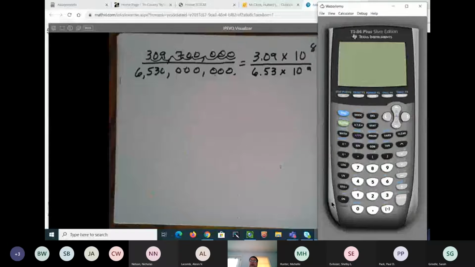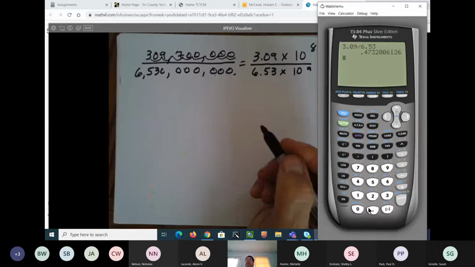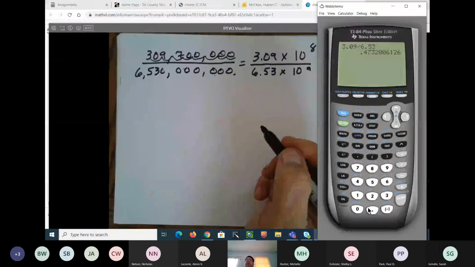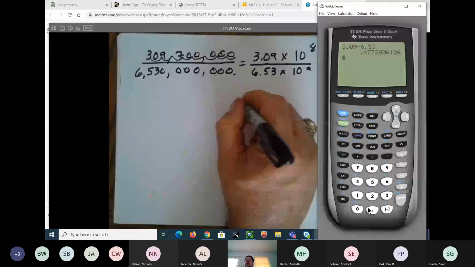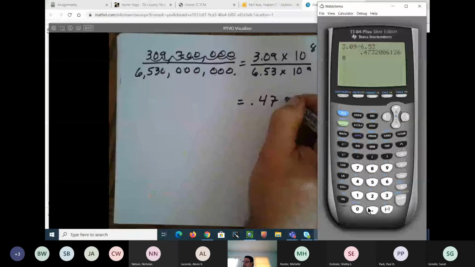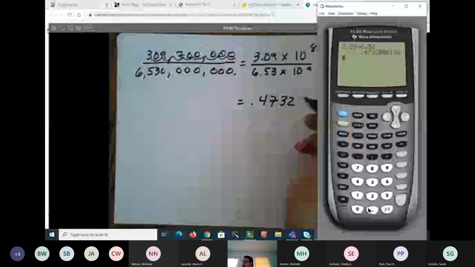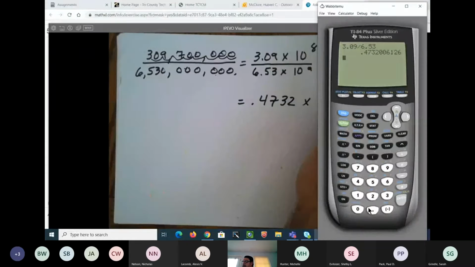So I'm going to take 3.09. Notice I'm using a calculator. If I'm using a calculator, then there's nothing wrong with you using a calculator. And I get 0.4732, and that's good enough for government work. 0.4732 times 10 to the 8 minus 9.